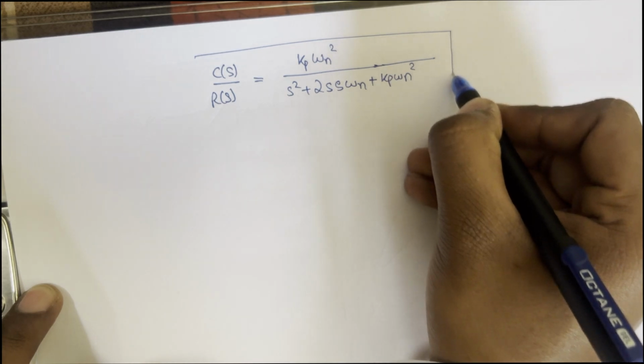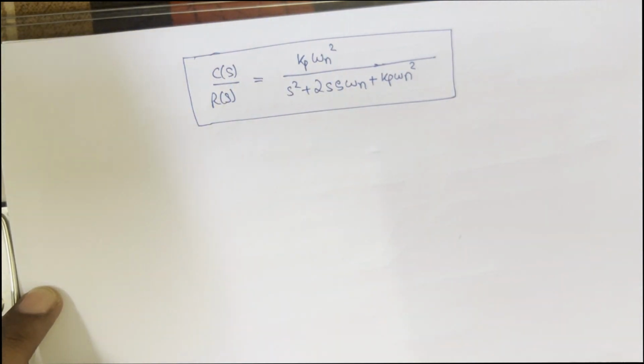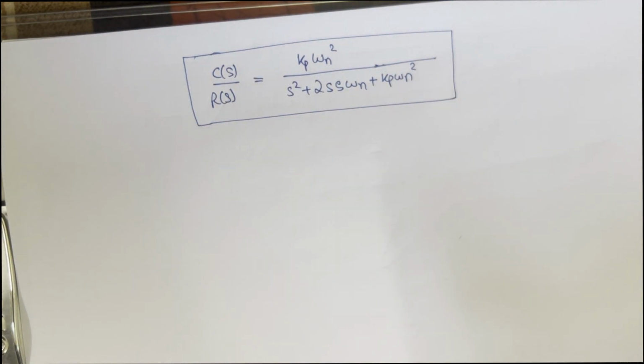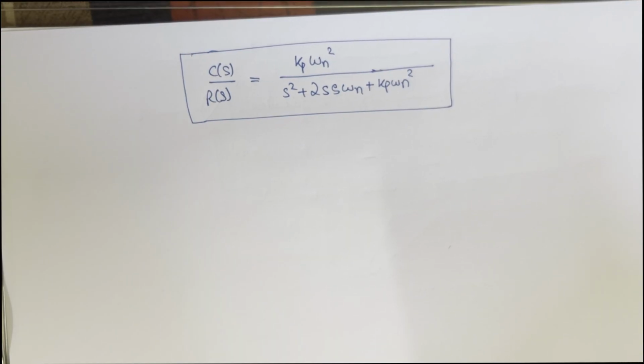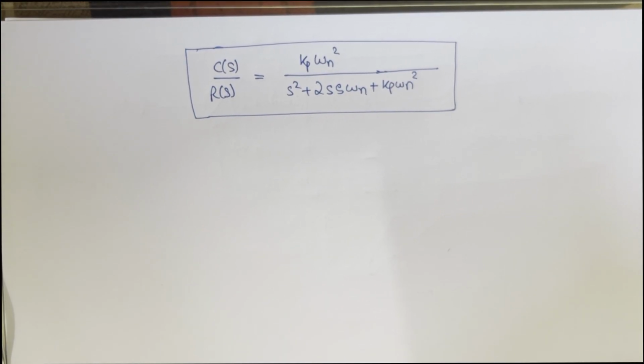This is the transfer function of a second order system with unity feedback, with controller block and controller gain Kp.